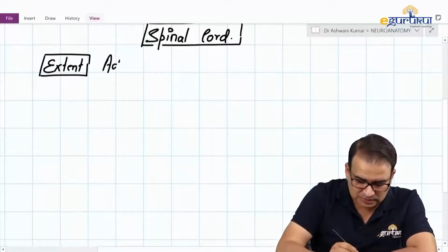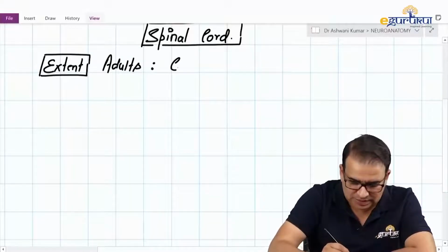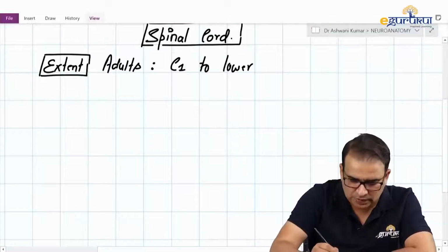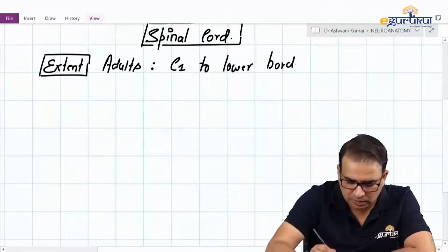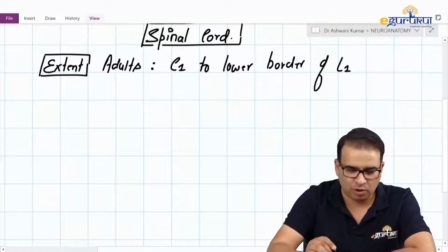So in adults, the spinal cord extends from C1 to the lower border of L1. It extends from C1 to the lower border of L1.